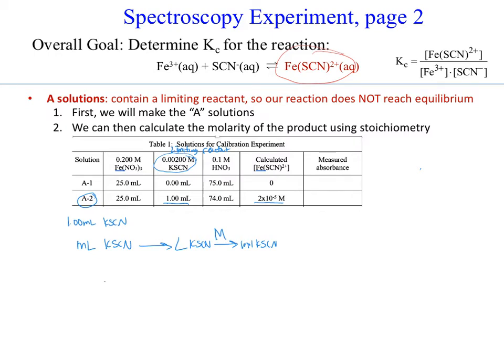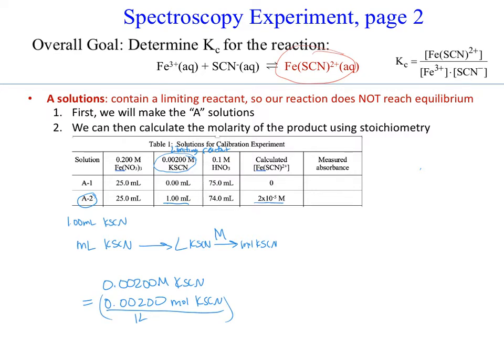And we're given 0.00200 molar KSCN. And remember, molarity is a conversion factor in hiding. So this is the same as 0.00200 moles of KSCN for every 1 liter. So that's the conversion factor we'll be using there for molarity.